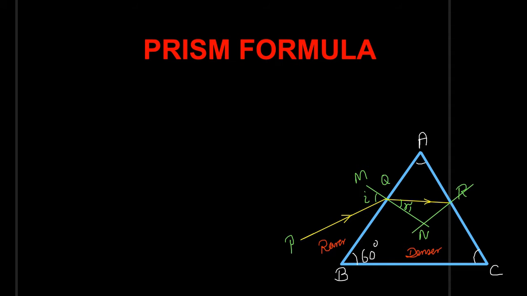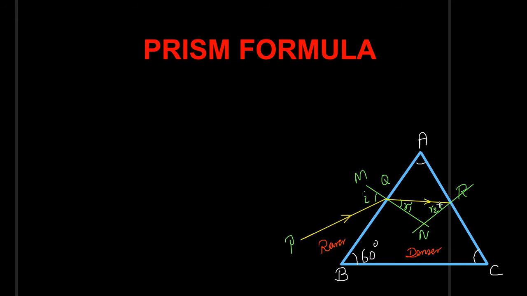I have drawn the normal. Now what is the angle of incidence at the face AC? It is the angle between the incident ray QR and the normal. Let us name it r2.